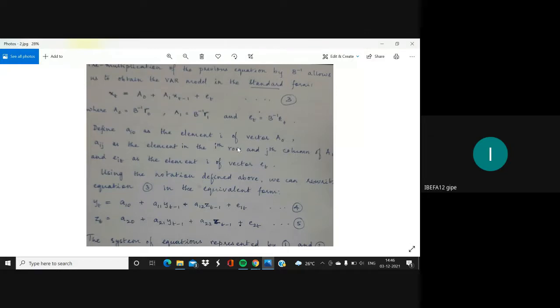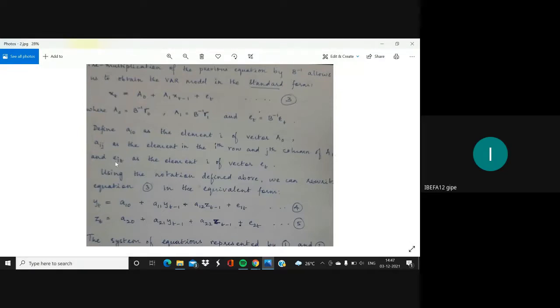Now again we define certain elements. We define ai naught as the element i of vector a naught. For example, a1 naught refers to the first element in that matrix, the first constant term which will appear. Then similarly, aij refers to the element in the ith row and jth column of A1.